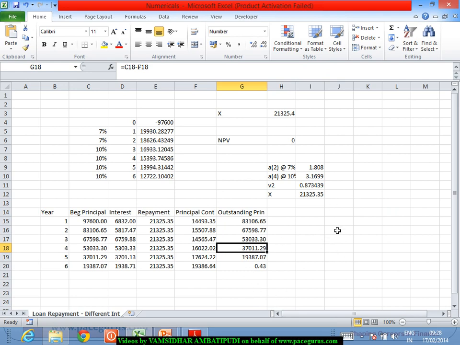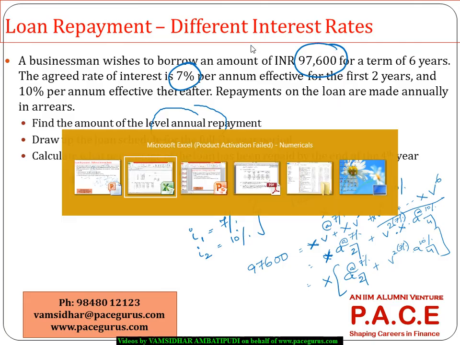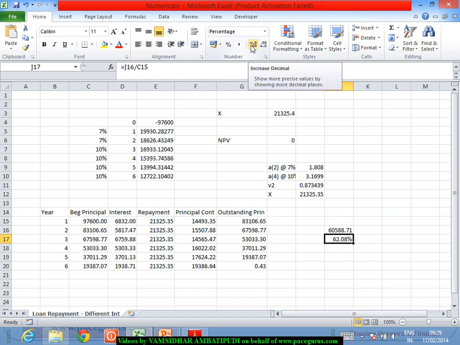So which means the repayment part out of this 97,600, only 37,011 is remaining, meaning 60,000 of the principal is already repaid, which is resulting in 60,000 divided by 97,000, almost 62%. So 62.08% of the principal is repaid by the end of the fourth year in this case.